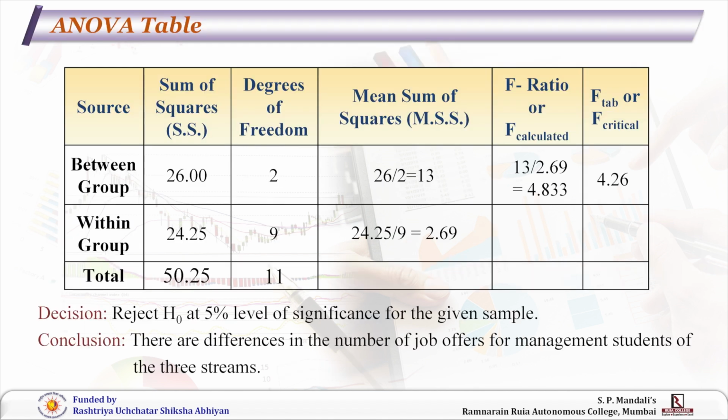24.25. Now, we construct the ANOVA table for the given problem. The blank or skeleton ANOVA table will have 3 sources: between group, within group and total, with columns for sum of squares, degrees of freedom, mean sum of squares, F ratio or calculated value of F, and the table or critical value of F. We had obtained the values of the total sum of squares as 50.25, 26 for the between sum of squares, and by subtraction we get 24.25 for the within sum of squares.